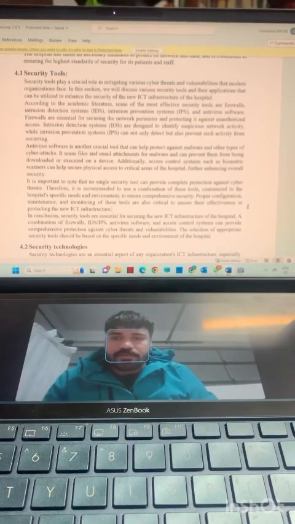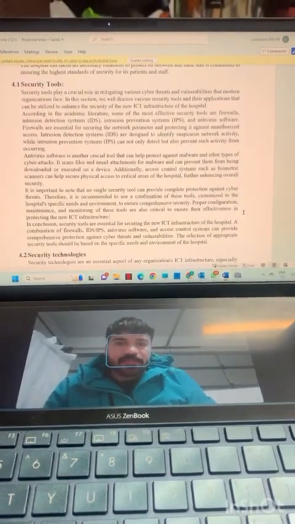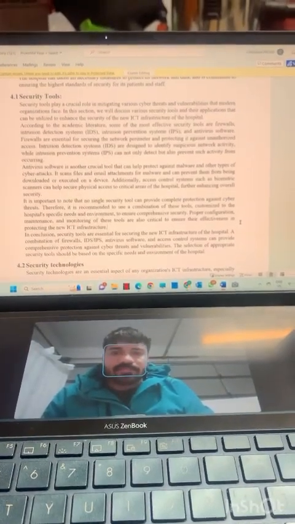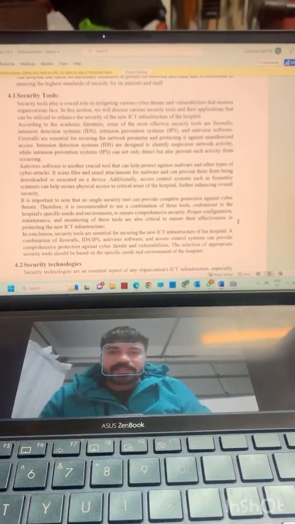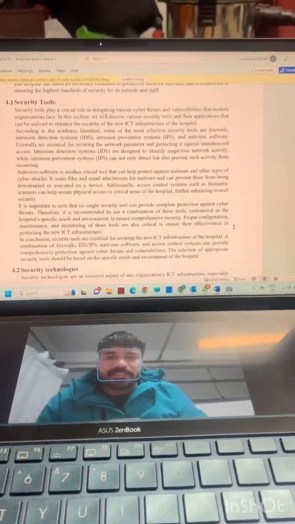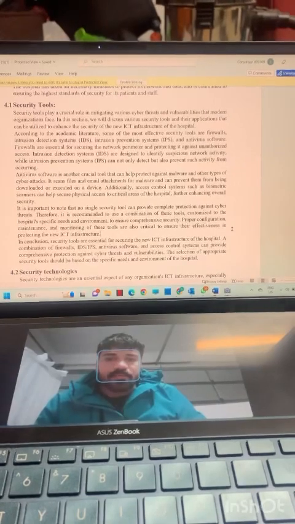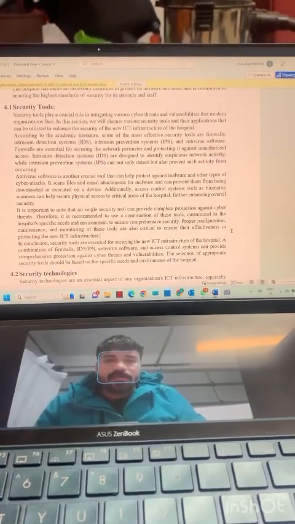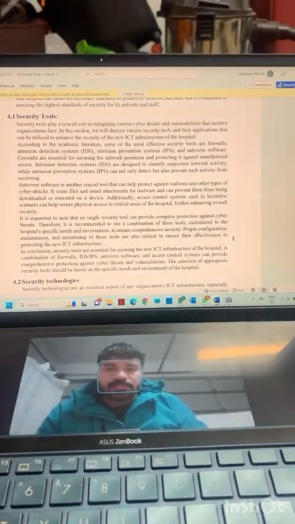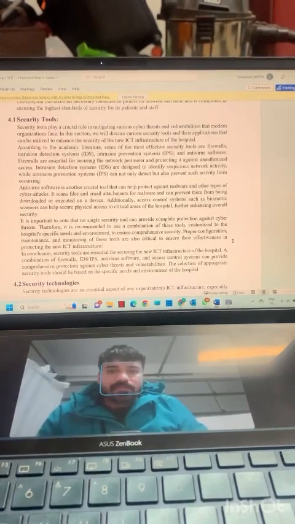Security tools. Security tools play a crucial role in mitigating various cyber attacks and vulnerabilities that modern organizations face. In this section, we will discuss various security tools and their applications that can be utilized to enhance the security of the new ICT infrastructure of the hospital. According to academic literature, some of the most effective security tools are firewalls, intrusion detection systems, intrusion prevention systems, and antivirus software.